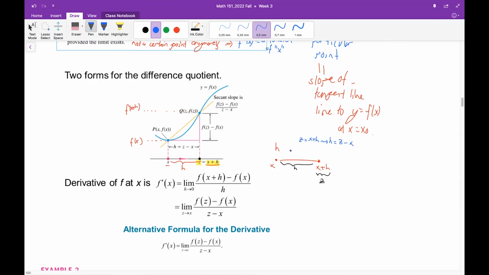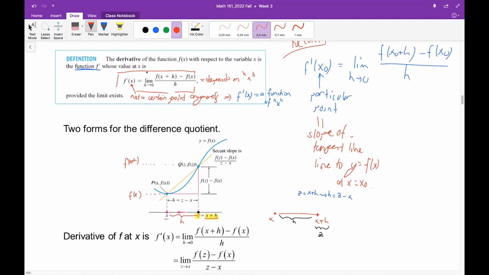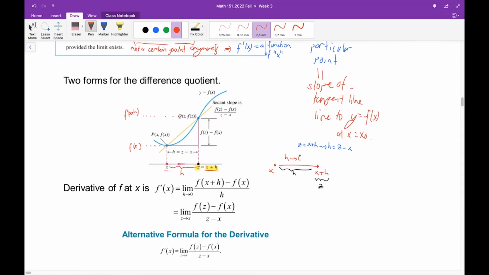That's why if you send h to 0, so you see I am analyzing this behavior here, if you send h to 0, then what happens to z? Then z has to approach x. So z goes to x if h goes to 0, obviously.